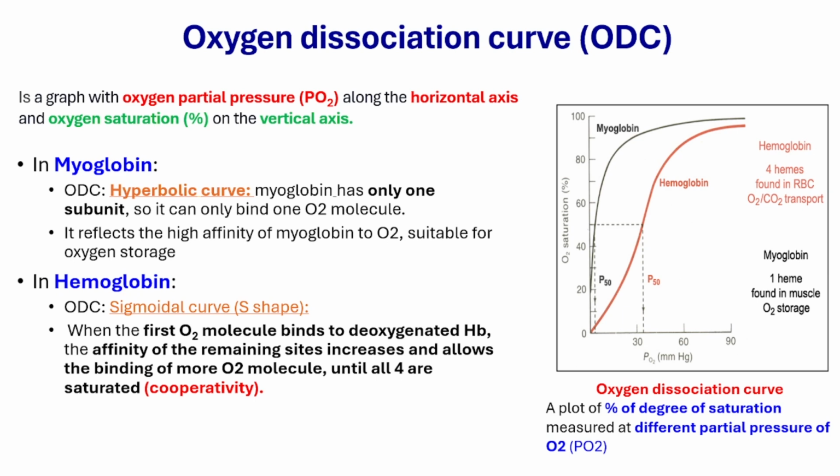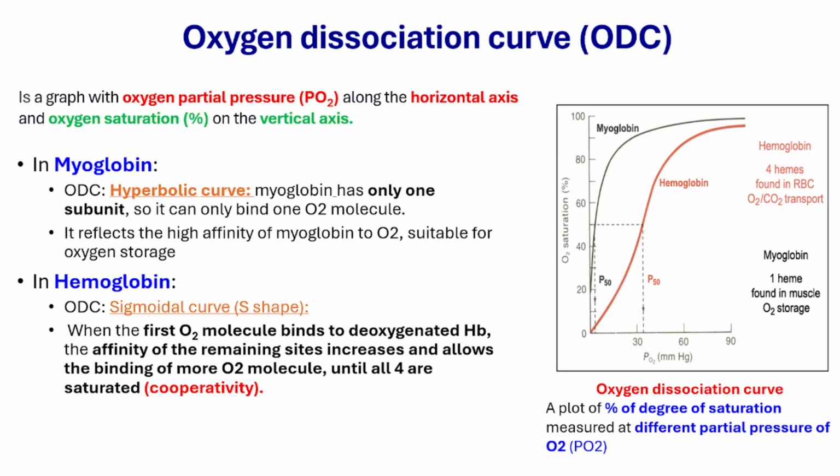Why does it have a hyperbolic shape? Keep in mind, I have one site for oxygen binding in myoglobin. So from a very low oxygen level, my site is already saturated, because I have only one site. So I reach my plateau, my saturation, very quickly.